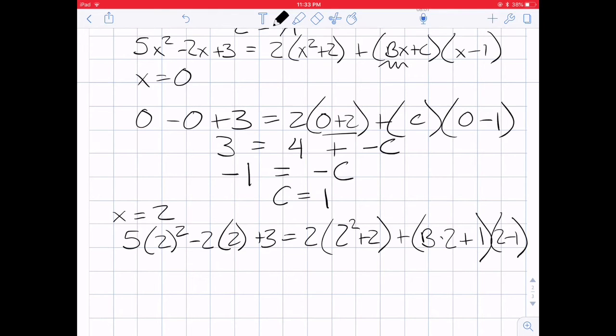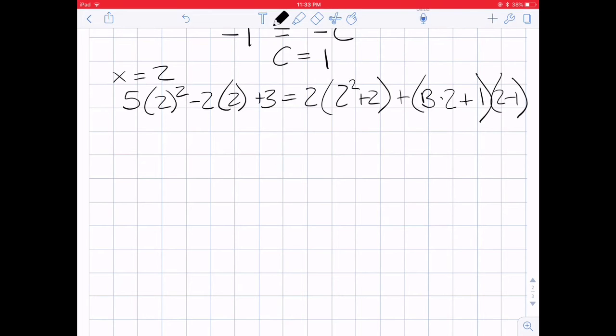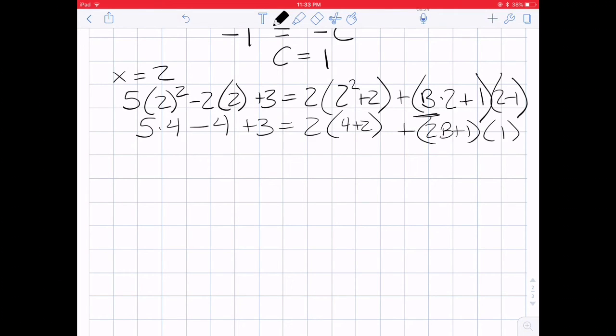So all of these are just numbers that will do a little bit of algebra crunching. The only variable we really care about is right here, that unknown b. So this will be 5 times 4 minus 4 plus 3 equals 2 times (4 plus 2) plus (2b plus 1), and this over here is just a 1.